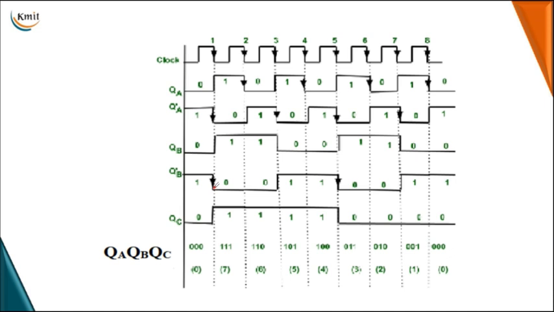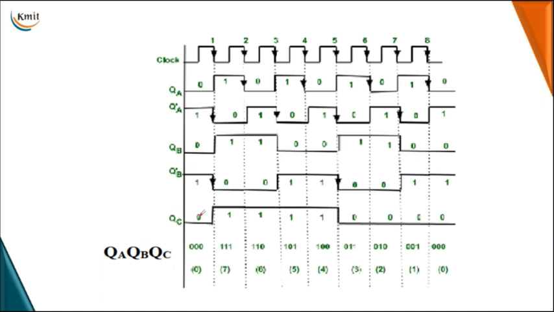QB is acting like the clock for the C flip-flop, and with JK inputs 1 1, it toggles its previous state from 0 to 1. This continues till the next negative edge on the second flip-flop output. At this instant, upon the fifth clock pulse, we got the negative edge, so the output of QC will toggle from 1 to 0.